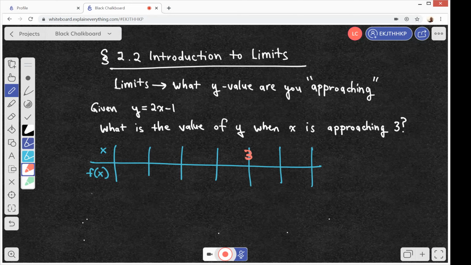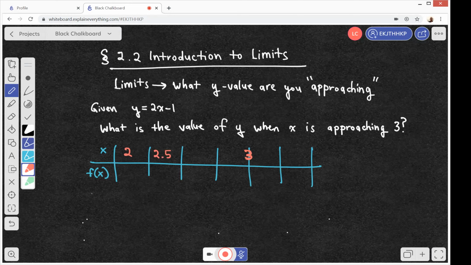Well, from the left side of 3, you're possibly on the number line at 1, or at 2. But as you get close to 3, a number closer to 3 would possibly be 2.5.